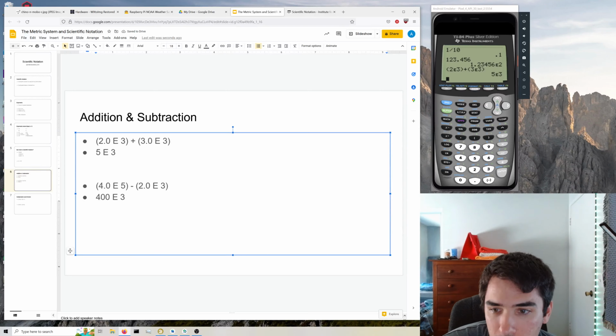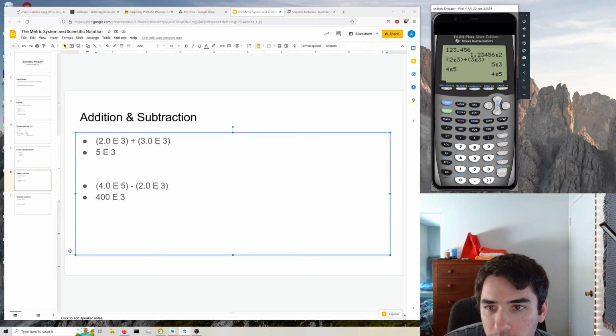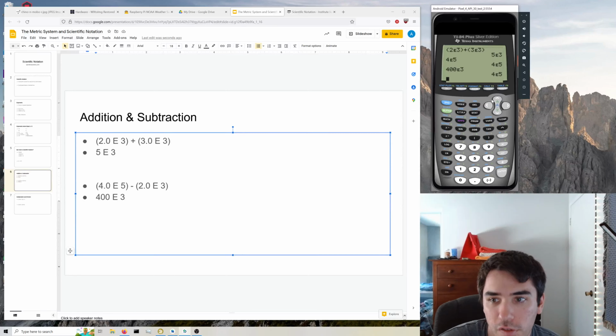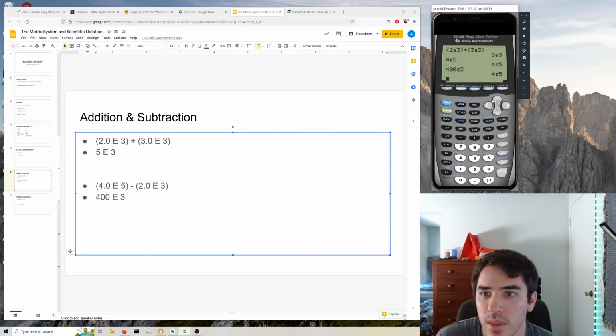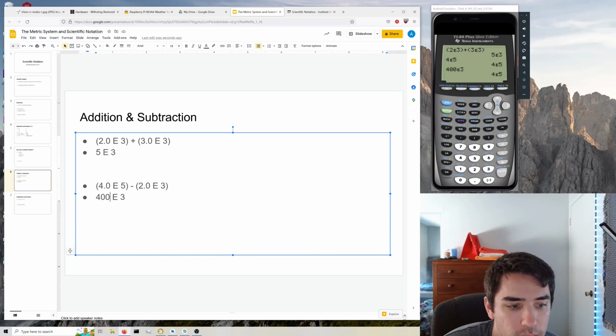So if I write 4 second E5, that gives me 4e5. But if I write 400 second E3, you'll notice that that's also 4e5, and those are equivalent because the decimal place, or the period, is right here.